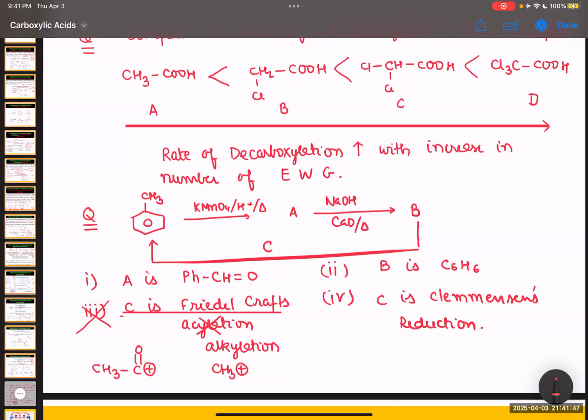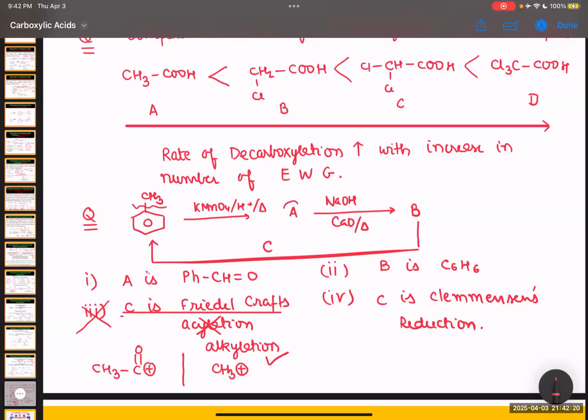But if you are attaching just CH3, that is Friedel-Crafts alkylation. If you are attaching CH3CO+, that is acylation. Are you getting my point? Yes, sir. So is this alkylation or acylation? You have CH3 connected, so it is alkylation, not acylation. So this statement became incorrect because I wrote acylation. Got it?